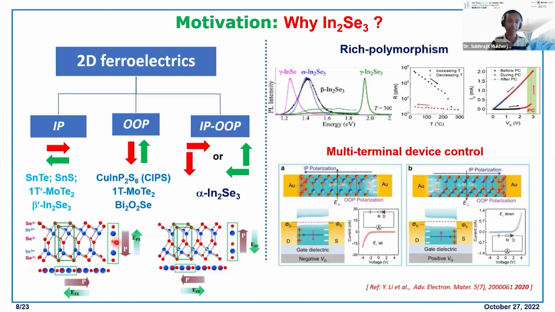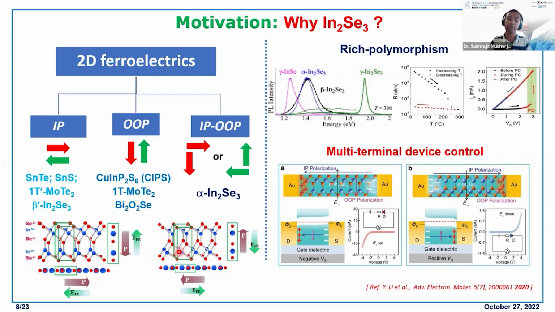The red atoms are selenium. So either this selenium atom is close to the up indium or the down indium. So you have out-of-plane ferroelectricity in that direction, and accordingly you have in-plane ferroelectricity in this direction.